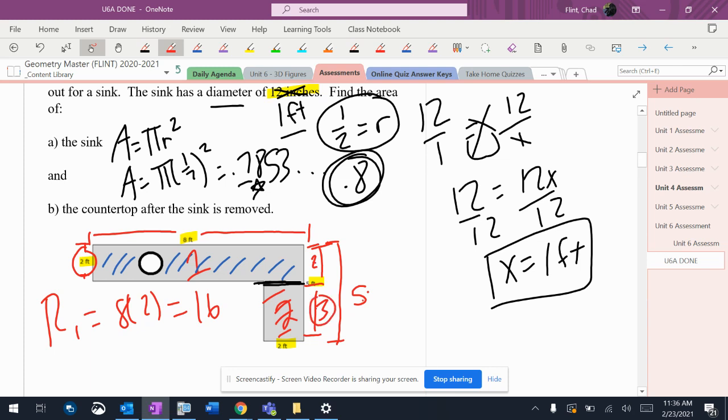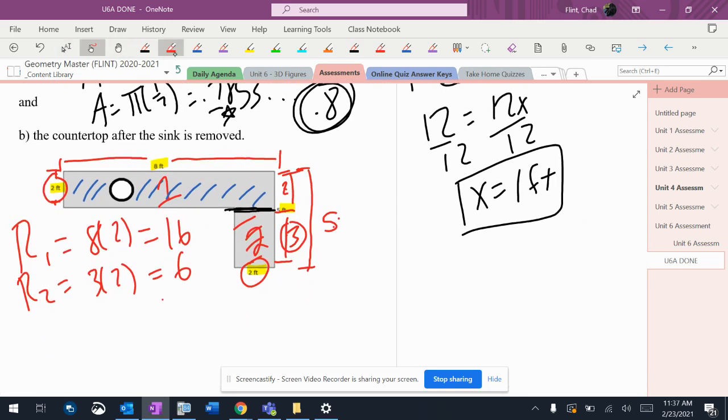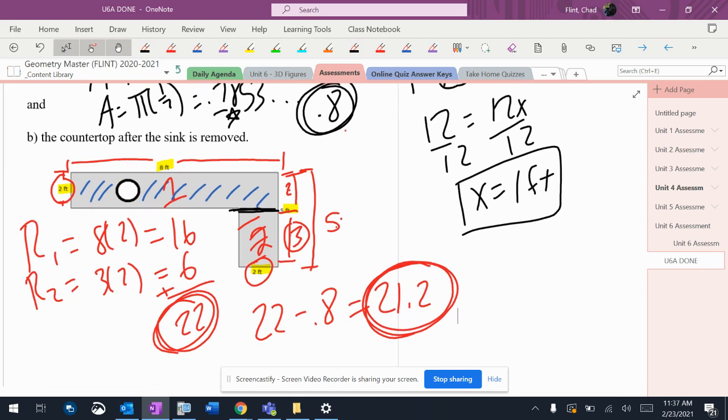So this is a 3 by 2 rectangle. Rectangle 2 is 3 times 2, which is 6. Now I have the 2 rectangles, which are a total of 22, and I have the sink, which is a hole. I've got to cut that out. So it's 22 minus 0.8, which is 21.2. That's the answer to B.